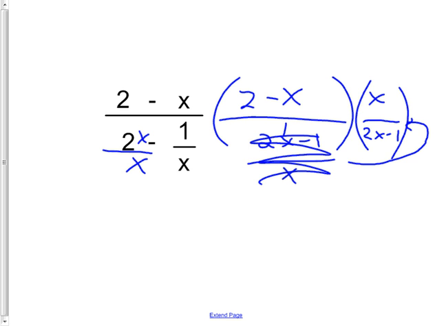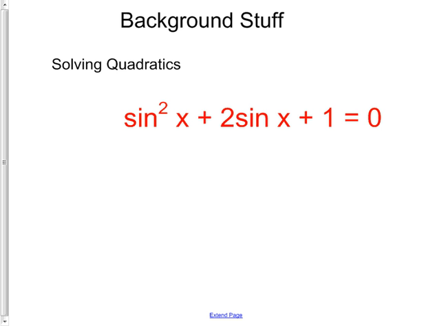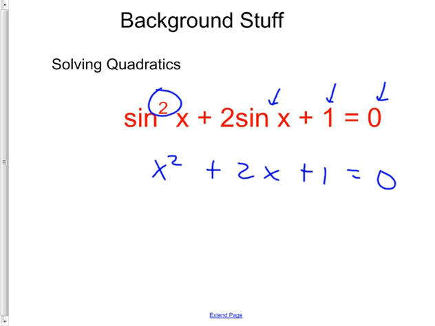All right, anyway, I'm just trying to remind you how you can do fractions in fractions, because it might come in handy later. This is quadratics. It's something squared, something not squared, a constant, and it equals 0. That's a hint that you're trying to do a quadratic. All right, in this kind of a problem, I would recommend that you replace it with just an x, and you'd write this. X squared plus 2x plus 1 equals 0. See what I just did there? I replaced the sine with just an x.